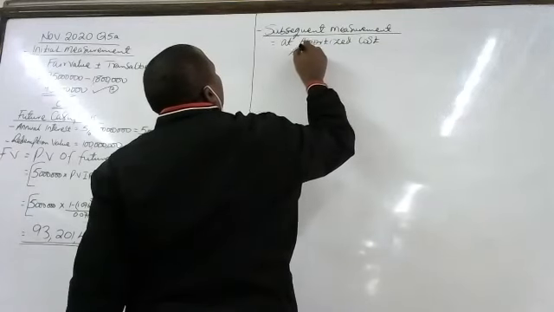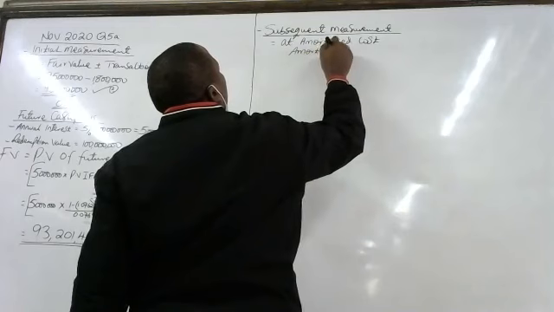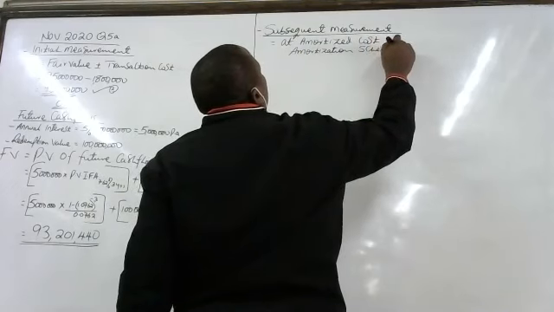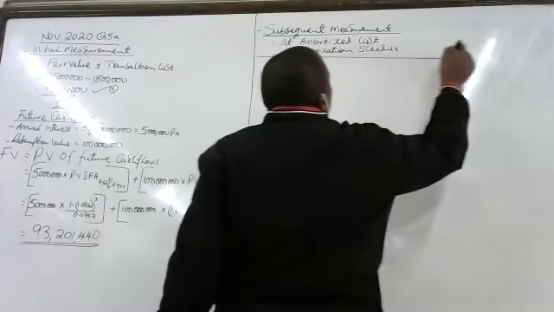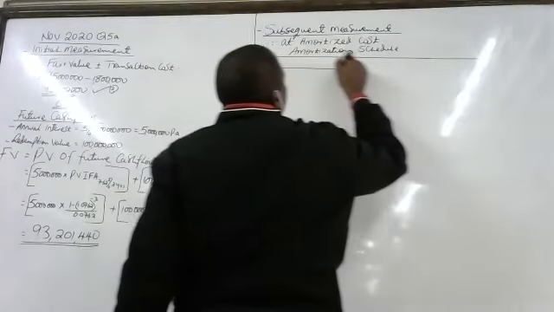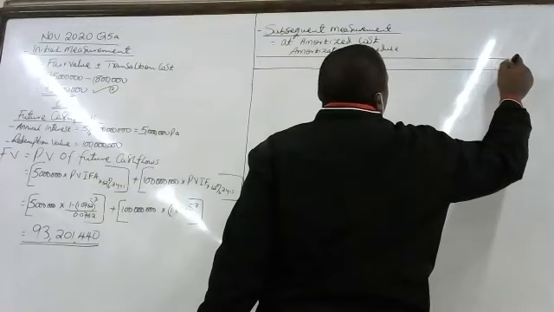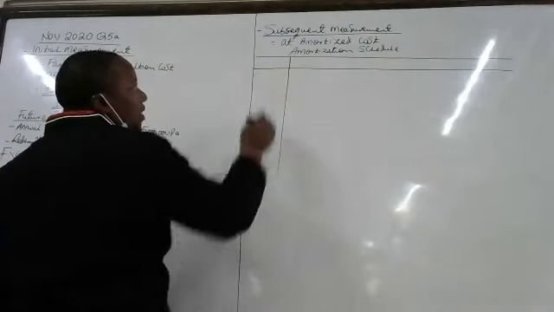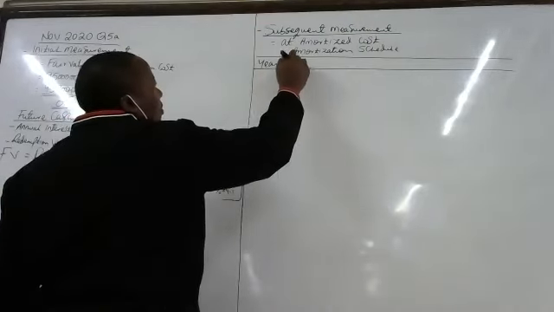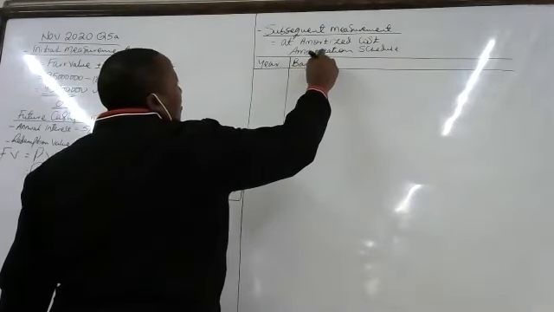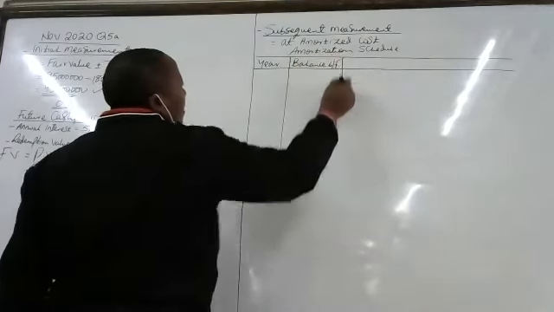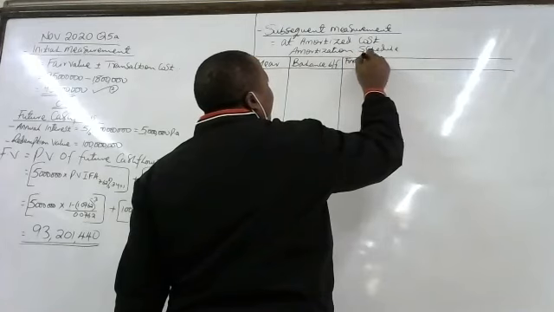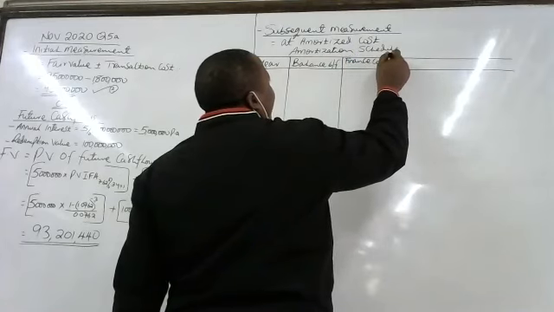It is simply that you prepare an amortization table, an amortization schedule, showing the year, the opening balance, balance brought forward, and the finance cost.